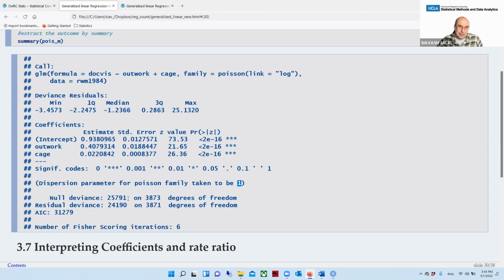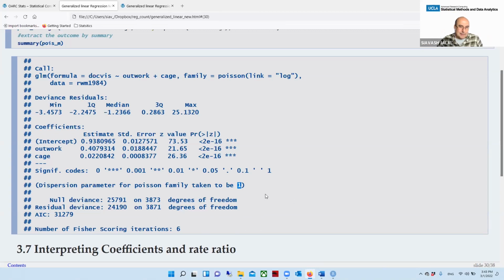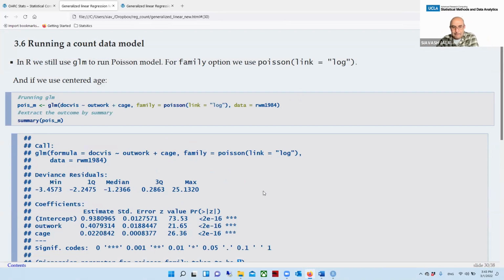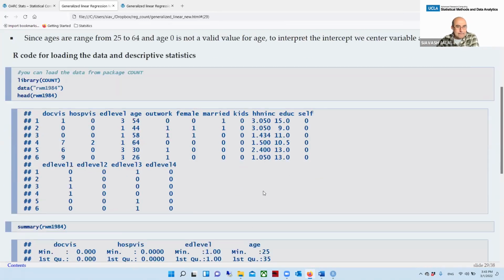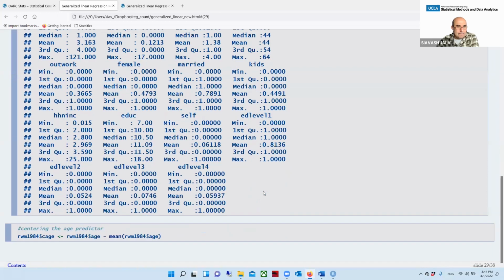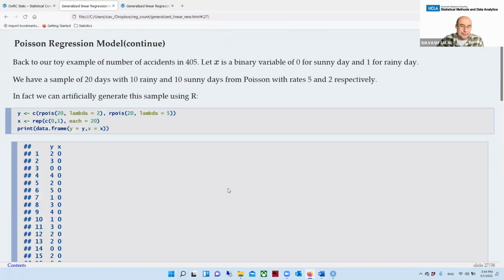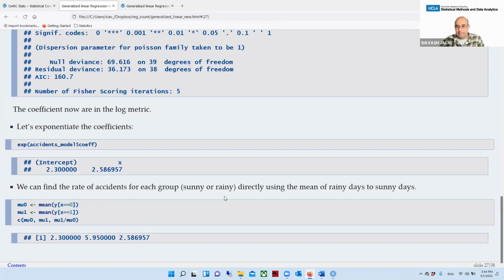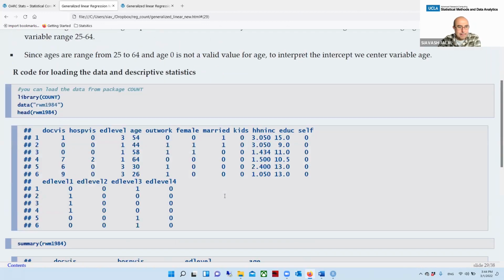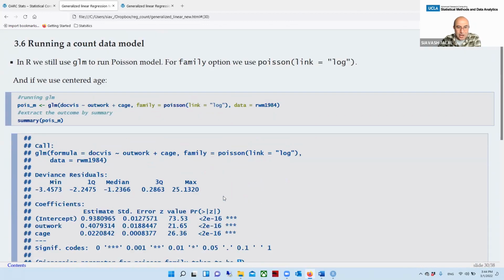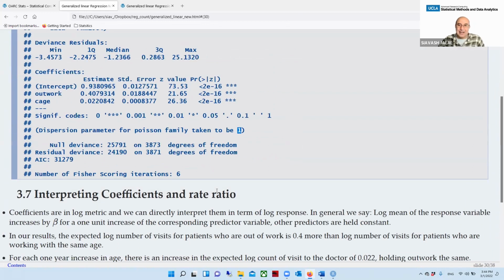By the way, null deviance is the deviance when you run the Poisson model for the intercept-only model.